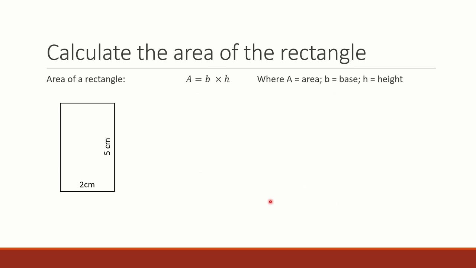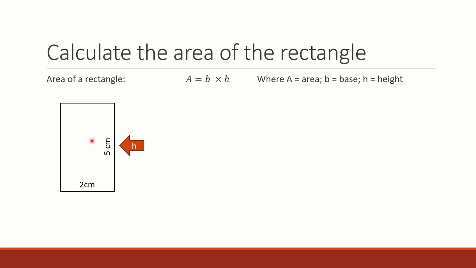The first one is how to calculate the area of a rectangle. Here we've got a rectangle, 2 centimeters by 5 centimeters. We know that the formula is B times H, where B is the base, H is the height.